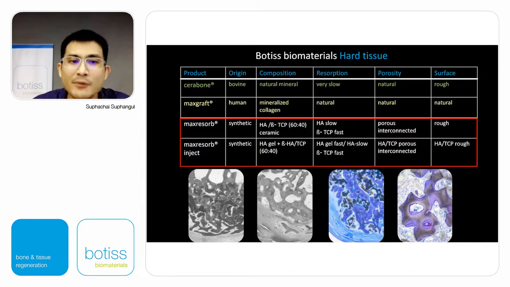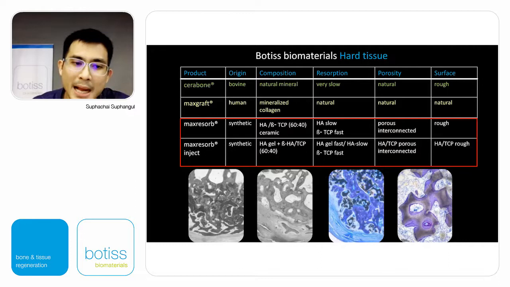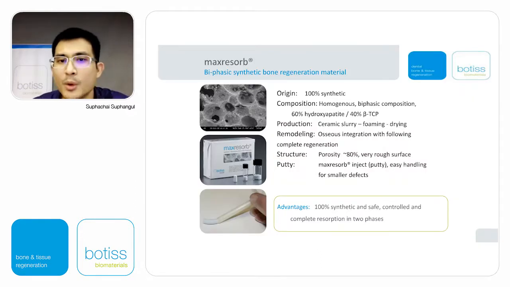The last one, MAC Resorb and MAC Resorb Inject, is a synthetic type. Its composition is HA and beta TCP in the ratio of 60 to 40. The HA has the property of volume stability, but the TCP is resorbed and replaced by the patient's bone.